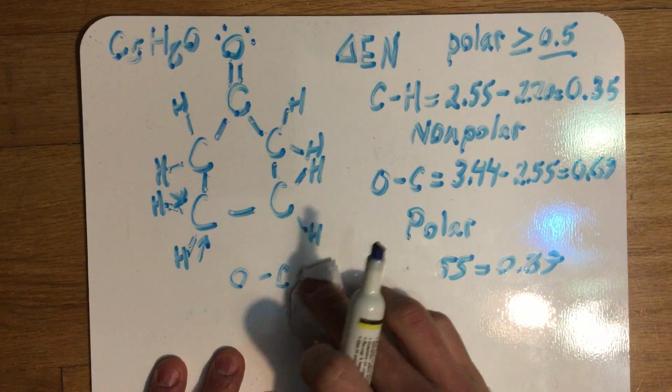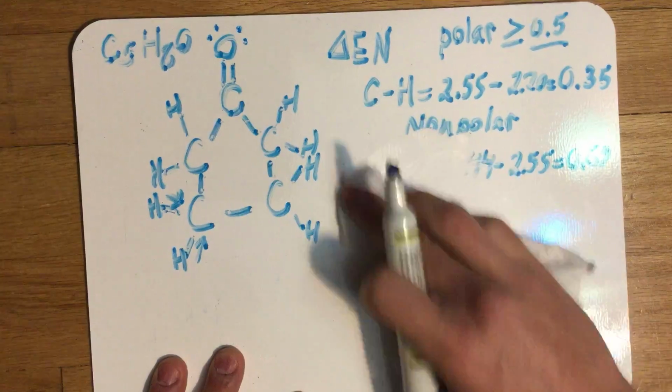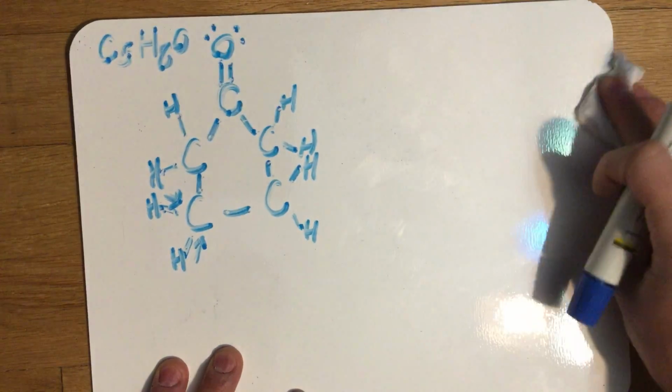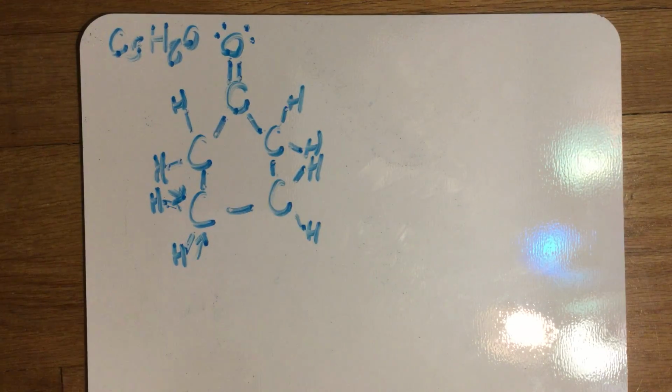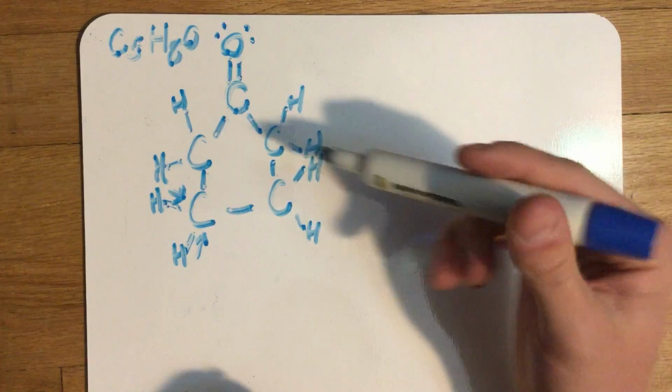And then lastly, for the bonus question, we are going to draw a structural isomer of C5H8O.